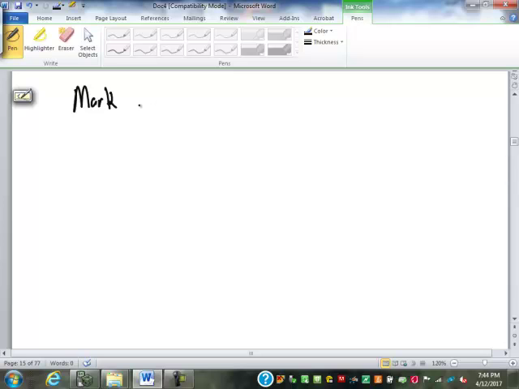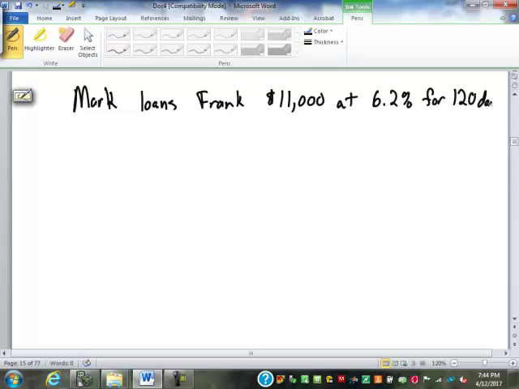Let's say that Mark loans Frank $11,000 at 6.2% for 120 days.